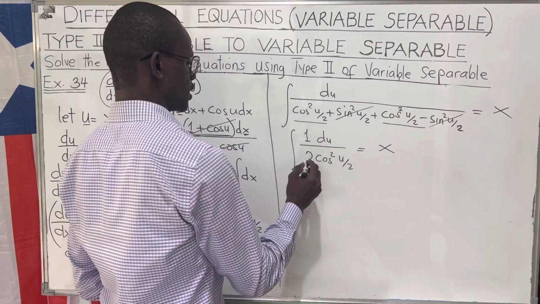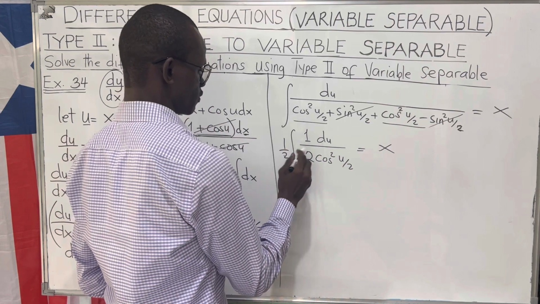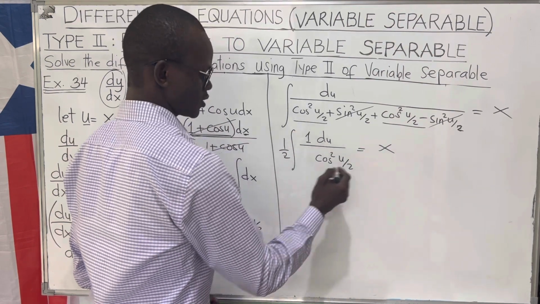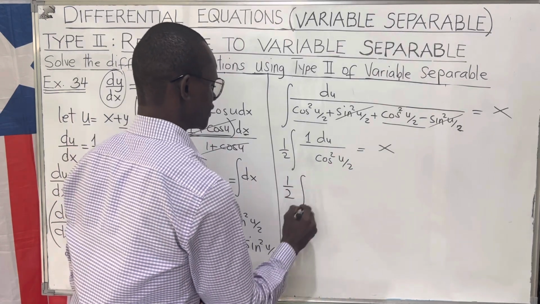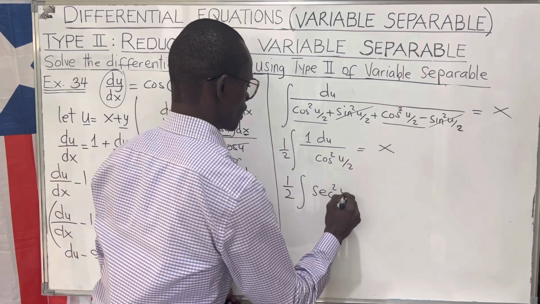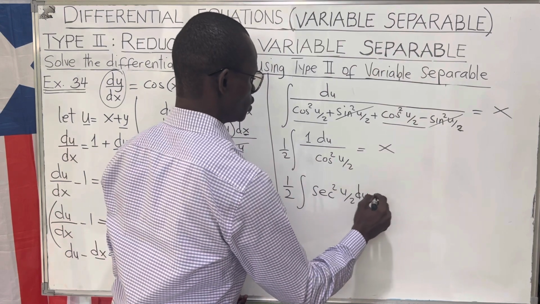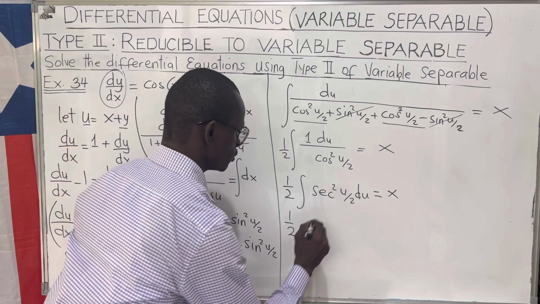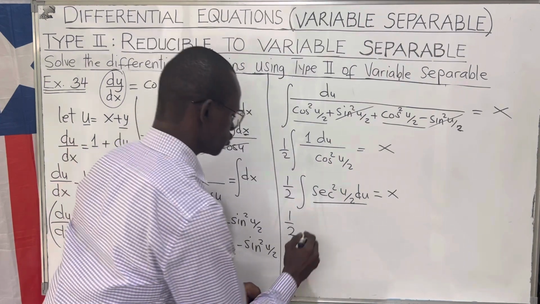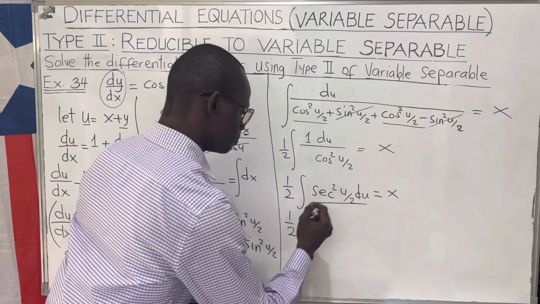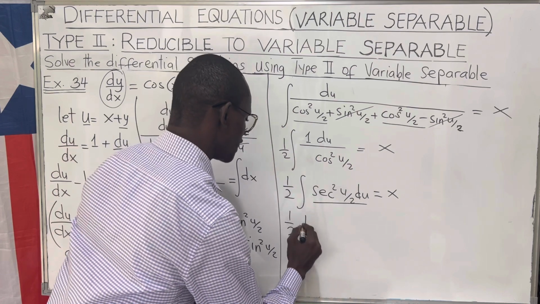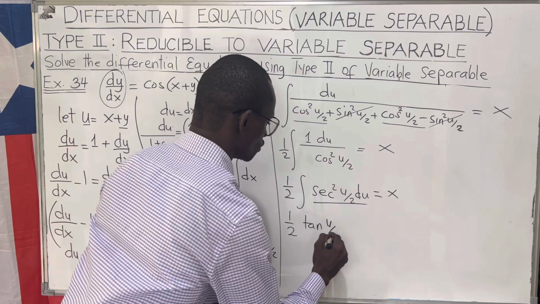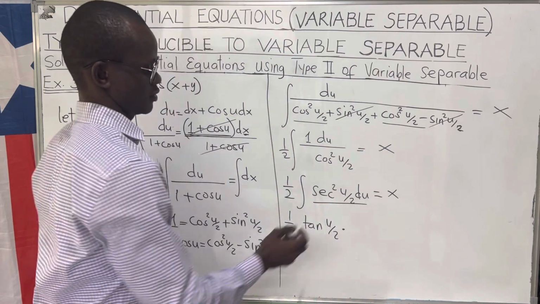So 1 over 2 comes outside. But 1 over cos, we know that is secant, so this is 1 over 2 times the integral of secant square u over 2 du equals x. The integral of secant square u over 2 is tangent of u over 2, times something.